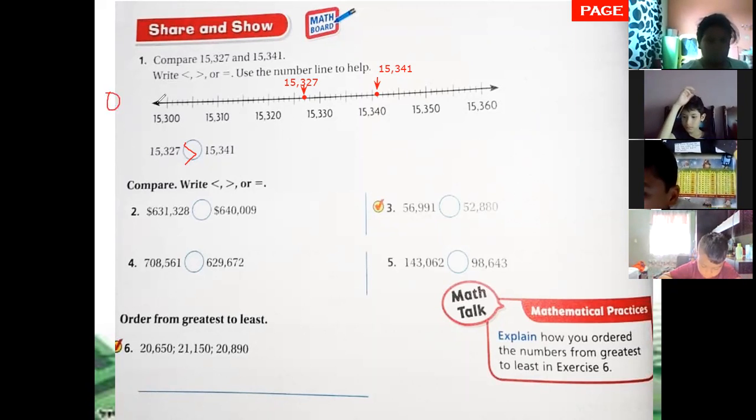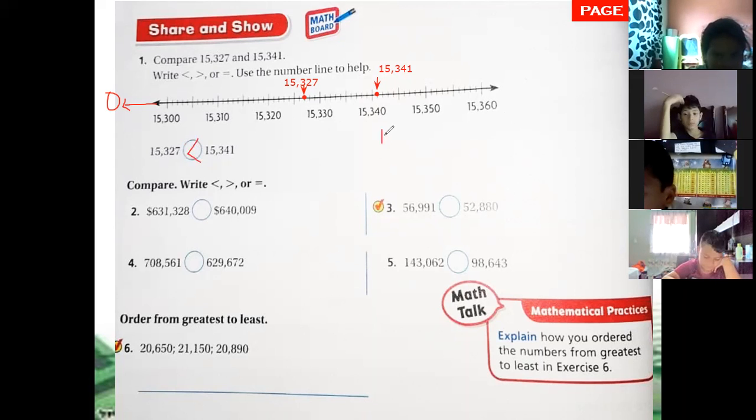Okay, so the number line continues here and reaches the 0. So it means that the number at the left is the smallest number. The number at the left is the smallest number. And the number at the right is the greatest number. In this case, 15,327 is at the left. So it is less than.